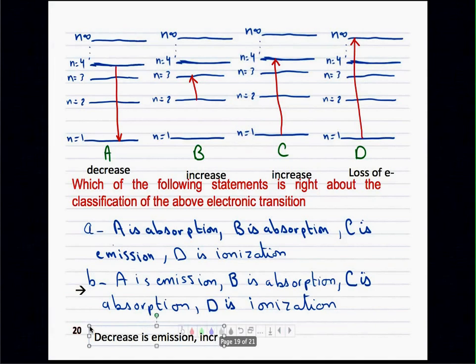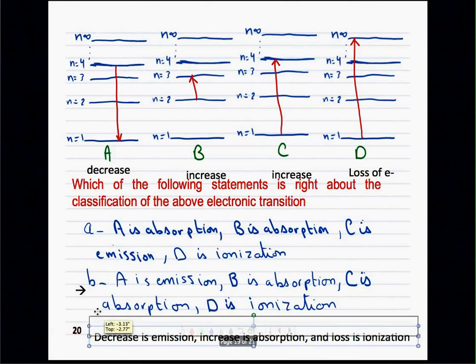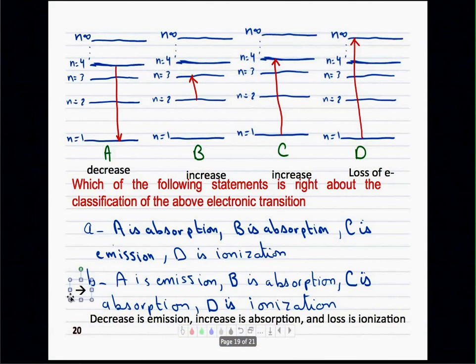Okay? So I'm going to stop it right here and check what you think. I have B at 95%, that's great. But I'm not done yet, so everybody stay and listen. For A, is it absorption? No, it's not absorption, because it's emission.